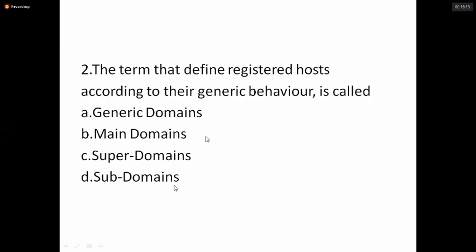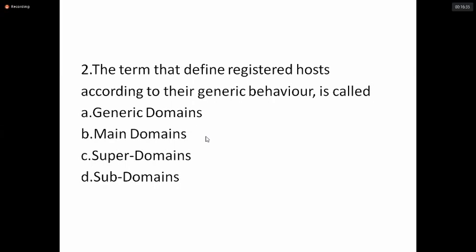The term that defines registered hosts according to their generic behavior is called as dash.